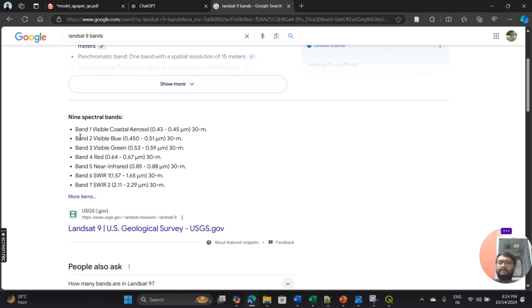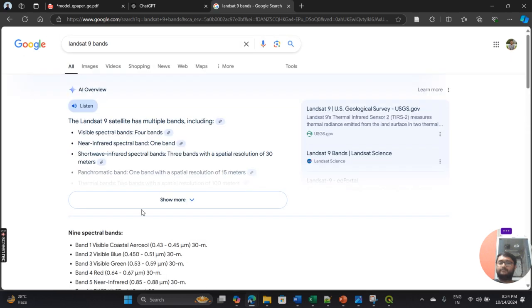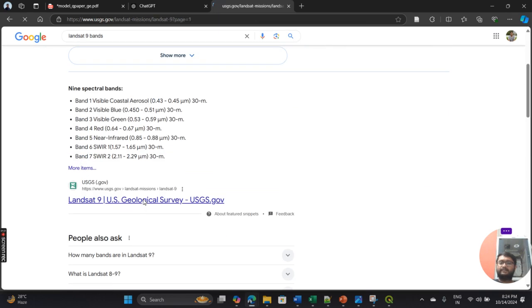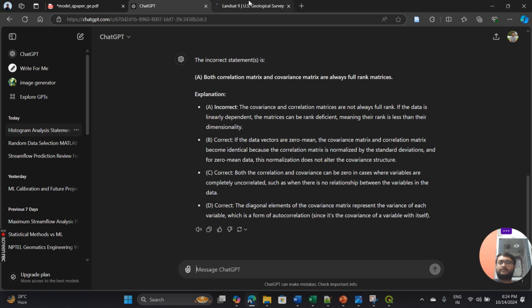So you can see it has around 11 to 12 bands. Exactly, we'll see. In Landsat 8, we have coastal aerosol, then blue, green, red, near infrared, shortwave infrared, and thermal bands.